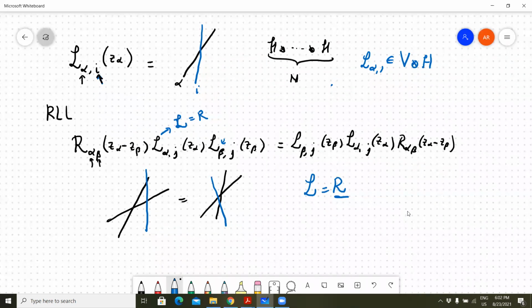This is the most obvious choice, but for higher ranks, for XXZ, this is just a C2, and this is a C2.